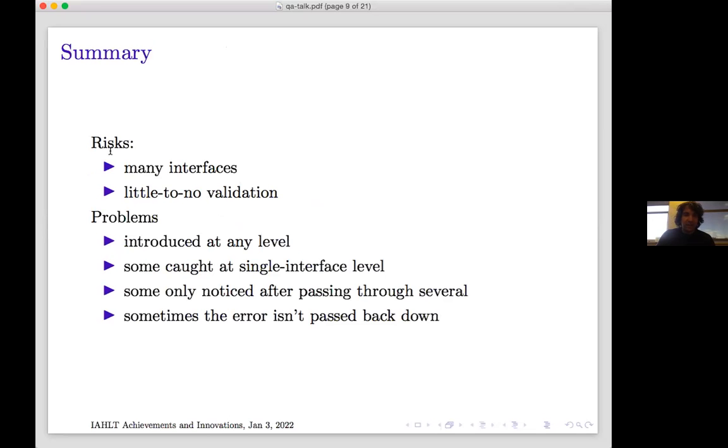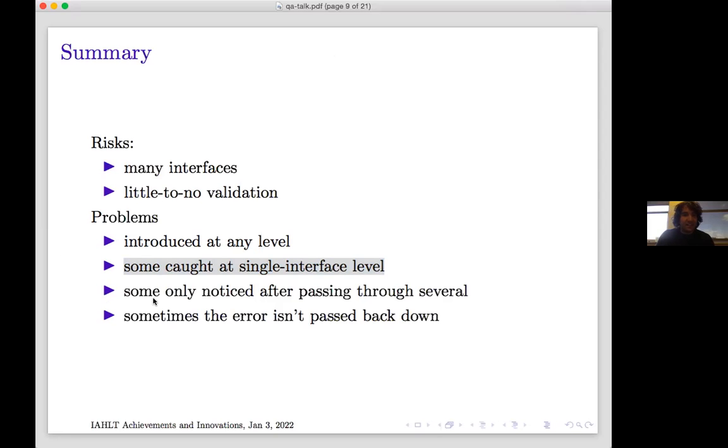So in summary, there's a lot of interfaces here. There's little to no validation done anywhere. At least that was the initial state of the system. And there can be problems introduced at any level. Can be and are introduced at any level. Some of these, we're lucky, and they're caught after the first time they try to go across an interface. This usually is the source of lots of tickets on Trac.